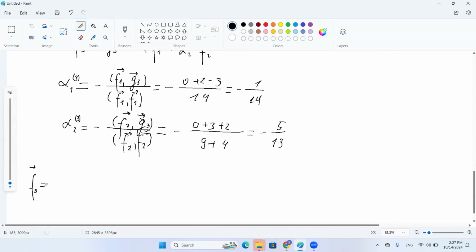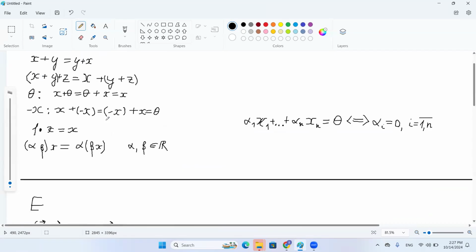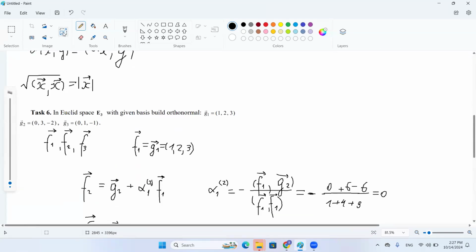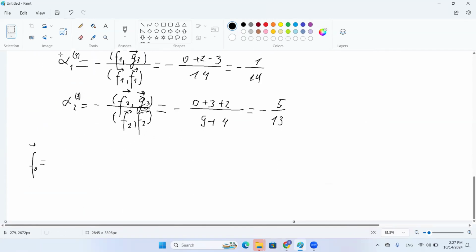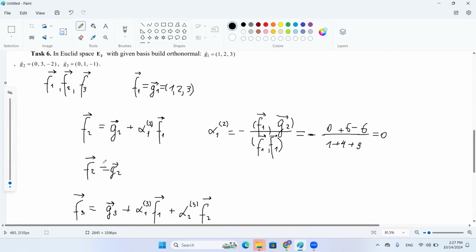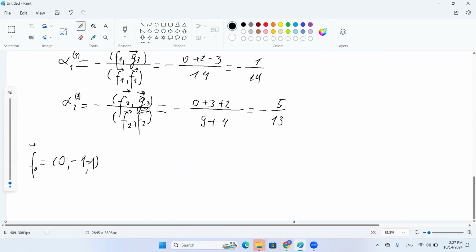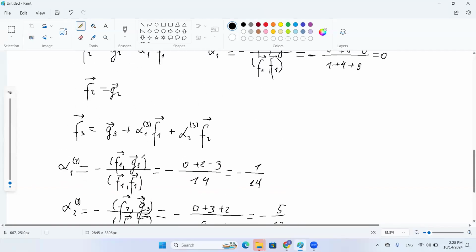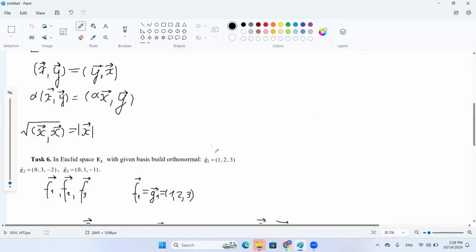So f3 equals g3, where is it? Okay, it equals 1, minus 1, 1, 1, 0, 1, and minus 1. So here is plus minus 1 divided by 14 f1, and f1 is 1, 2, 3.